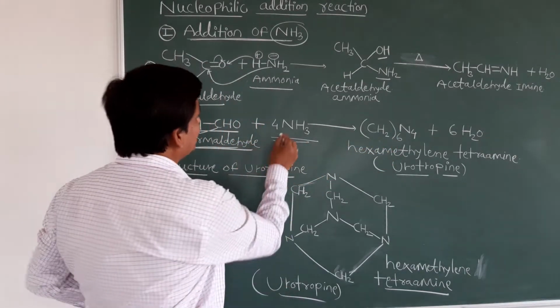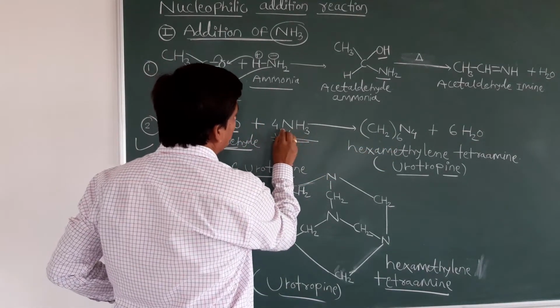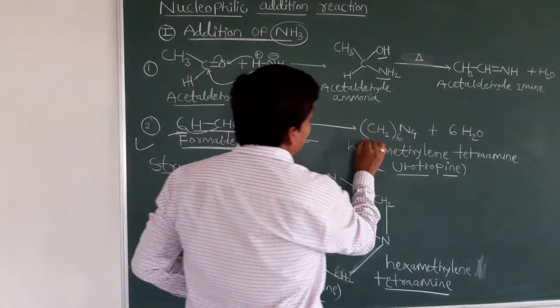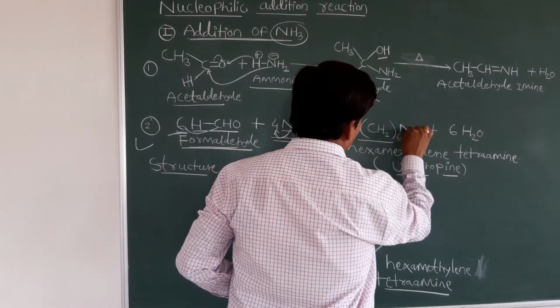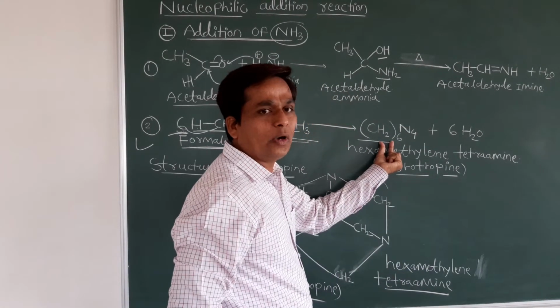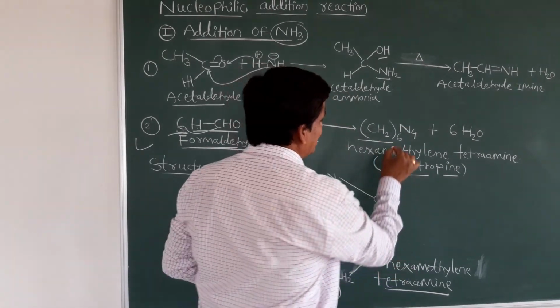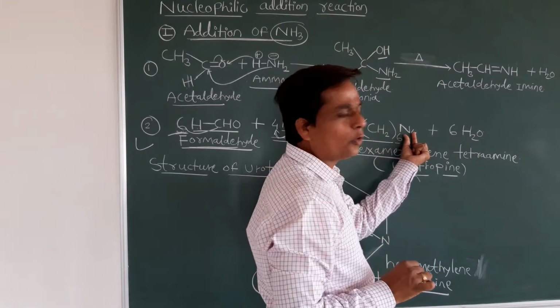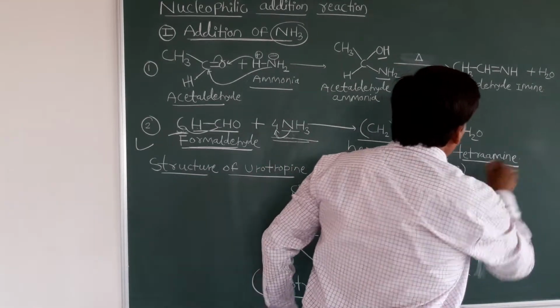Then nitrogen, how many times, students? I have taken 4 ammonia molecules, so 4 NH means nitrogen 4 times. CH2 6 times and N 4 times. CH2 6 means hexamethylene, hexa means 6 times. And this nitrogen 4 times is tetraamine.